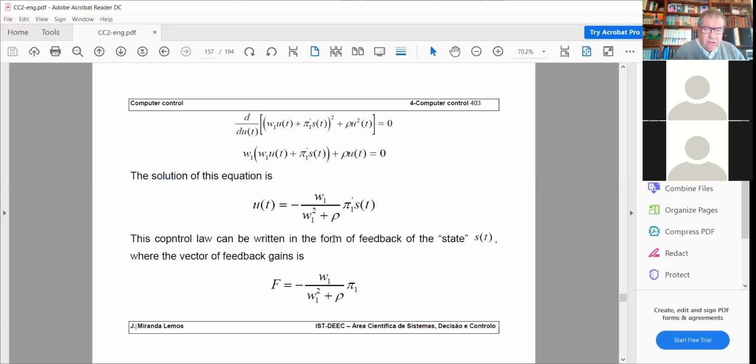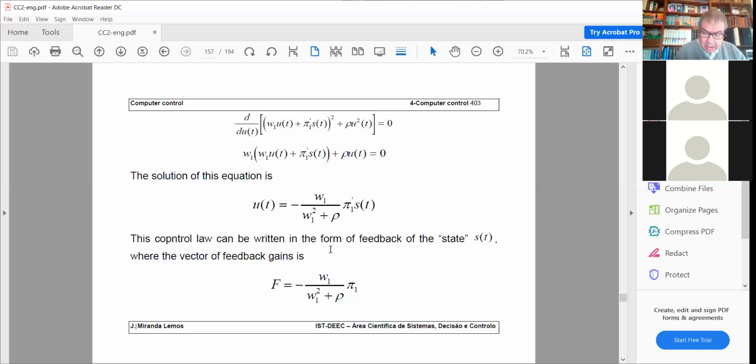It happens that you can still find plants that are not stabilizable by this control law. For instance, there are plants that are, in open loop, both non-minimum phase and unstable. In those cases, this control law does not stabilize them. Okay? So what was the idea?